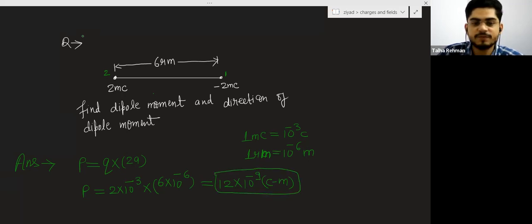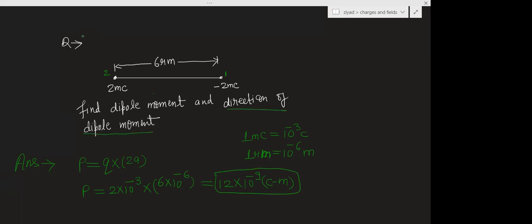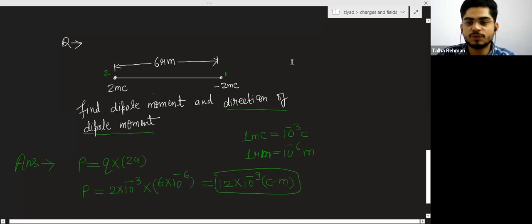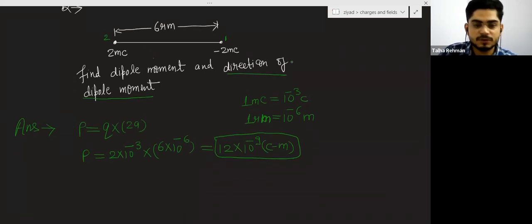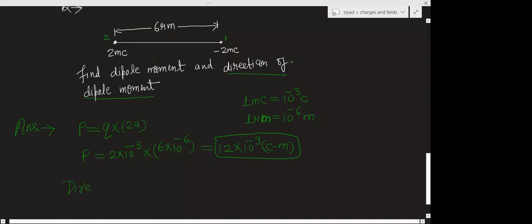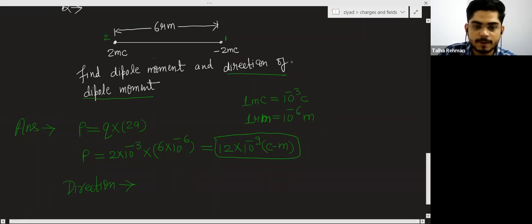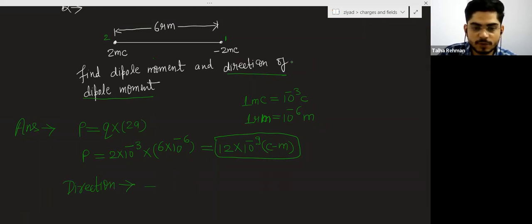And now they are asking for the direction of dipole moment. I have told you the direction of dipole moment is from negative to positive charge. So the direction of dipole moment is from the minus 2 millicoulomb charge to the 2 millicoulomb charge.